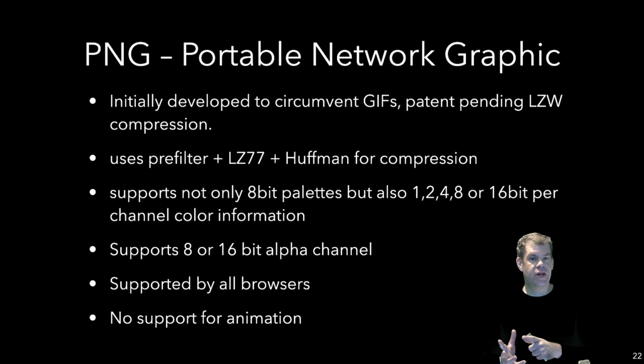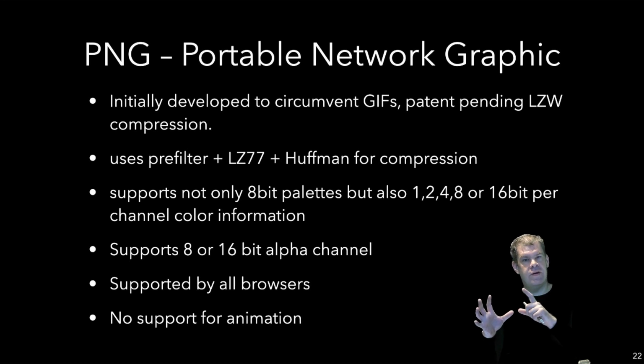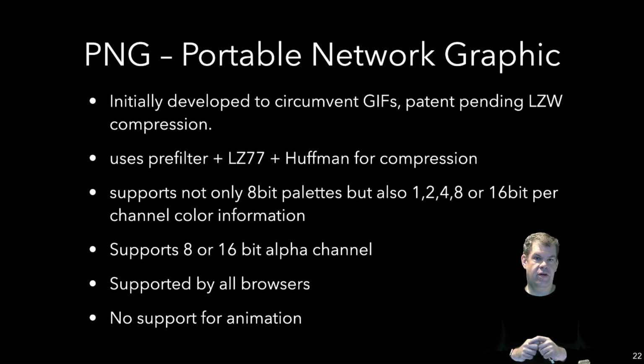But as I mentioned, there's this somewhat strange design decision to split up animated and non-animated graphics. GIFs are still around, even though it's clearly the inferior format, but the animated version of PNG, called MNG, Multiple Network Graphics, never really caught traction. So we're still stuck with those silly 256 color animated images.